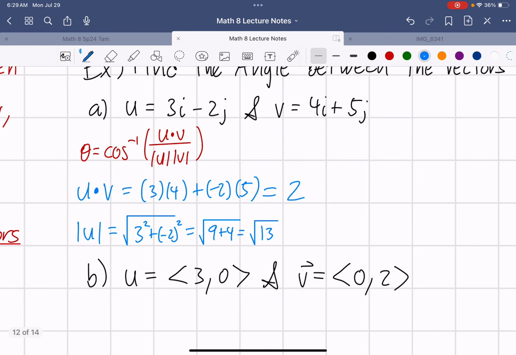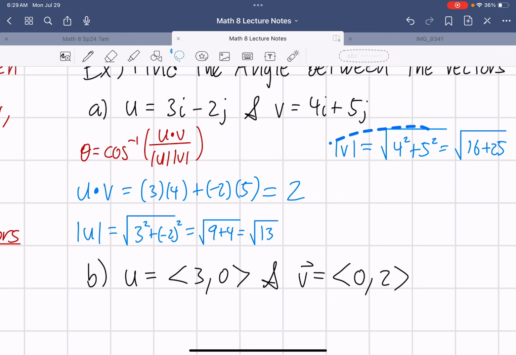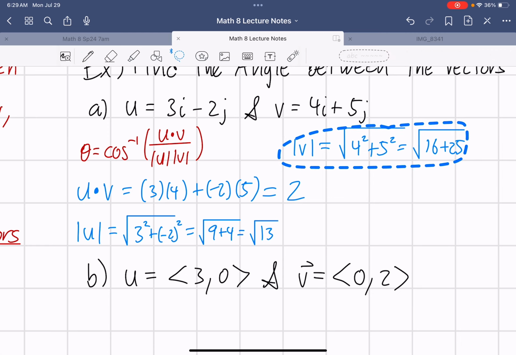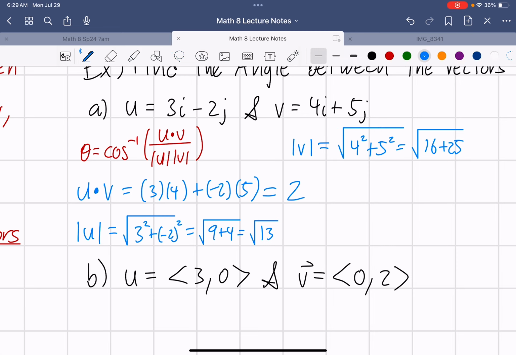But I also need the magnitude of vector v, which is the square root of 4 squared plus 5 squared, equal to the square root of 16 plus 25. Let me move this a little over so I have a little more room. That's going to give me the square root of 41.